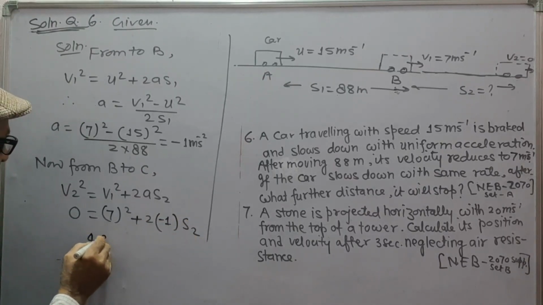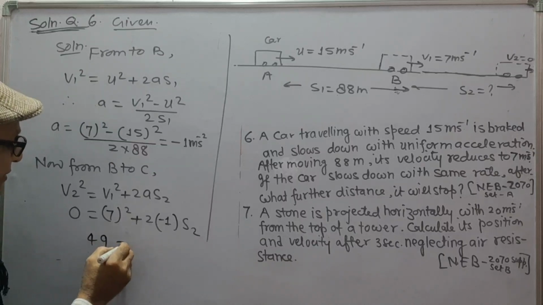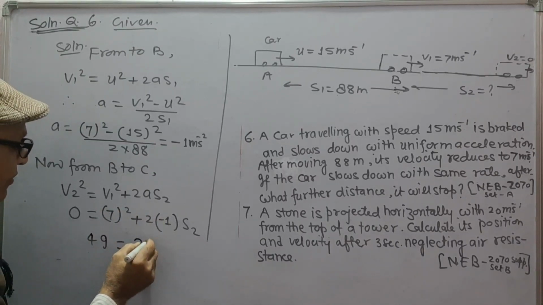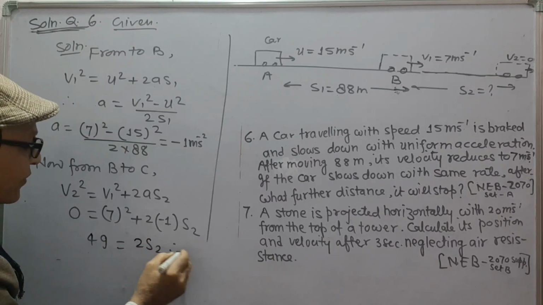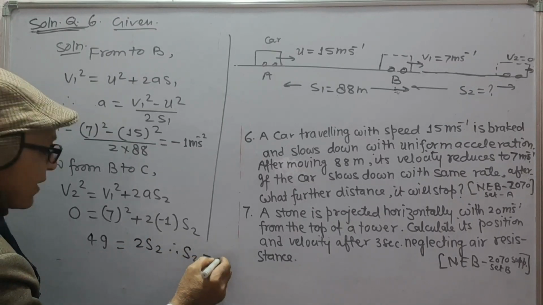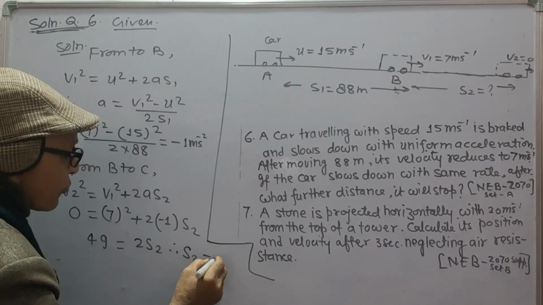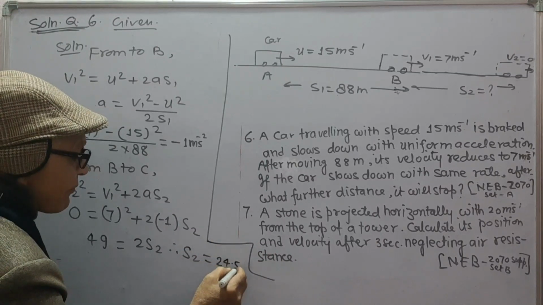So 49 is equal to 2s2. Therefore s2 will be equal to 49 by 2, means 24.5 meter.